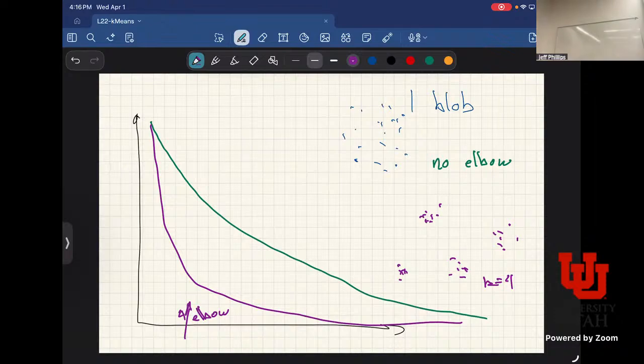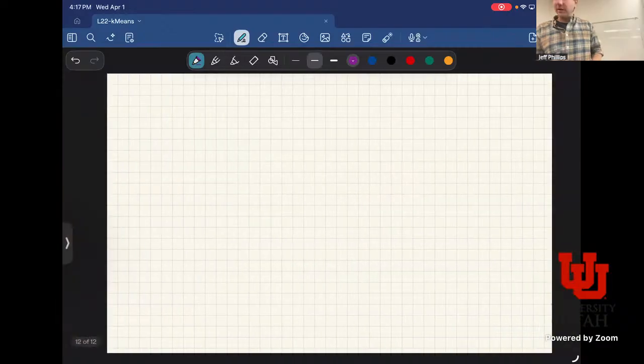It's fairly subtle, the difference between these two. As the clusters merge closer together, the purple curve will merge into the green curve. So it's not always clear either. It's not always going to give you a right answer.